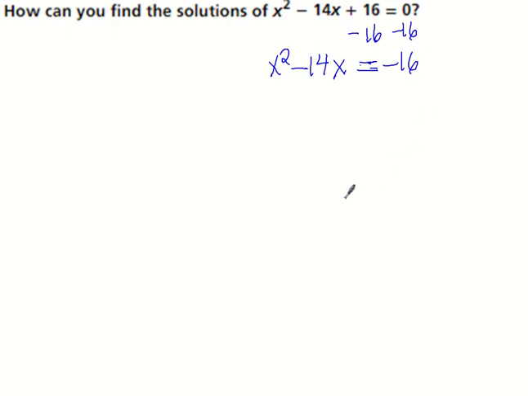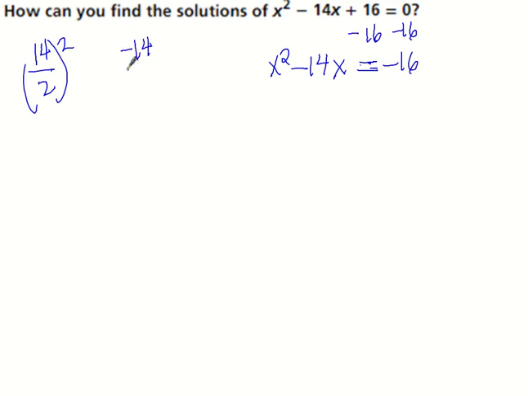Now what we're going to do is complete the square. So that's where I'm going to take negative 14. Actually, I'm just going to take 14, not the negative, because it doesn't really matter. I'm going to square it either way. So I'm just going to go 14 over 2. I'll show it to you guys over here.